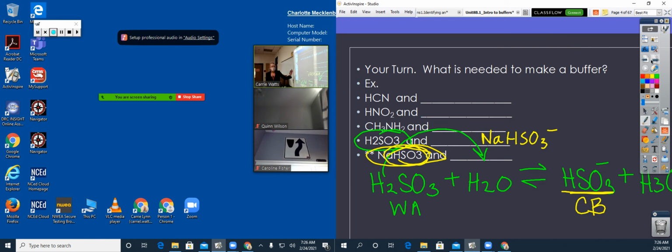Okay, I also went into some examples where you could see how to make a buffer, okay? So I'll just do the first one with you again, just to review. All these examples are online. Okay, but if you wanted to make a buffer with hydrocyanic acid, you would need to have a conjugate base with it.